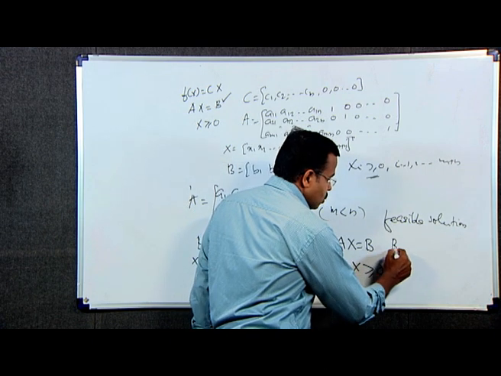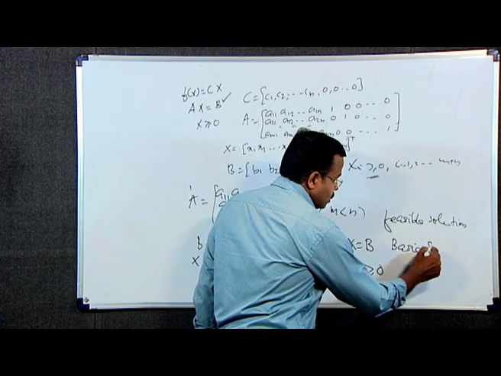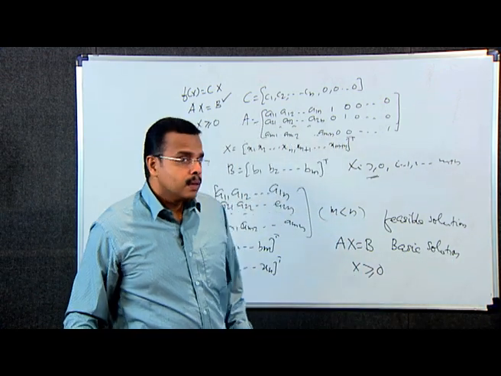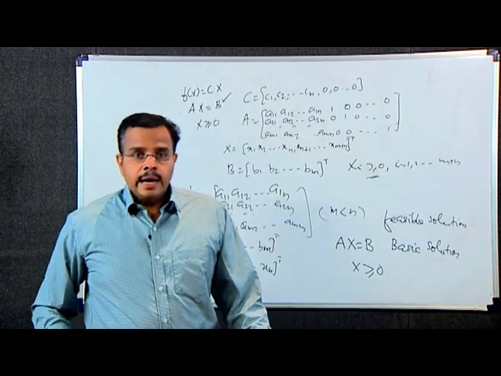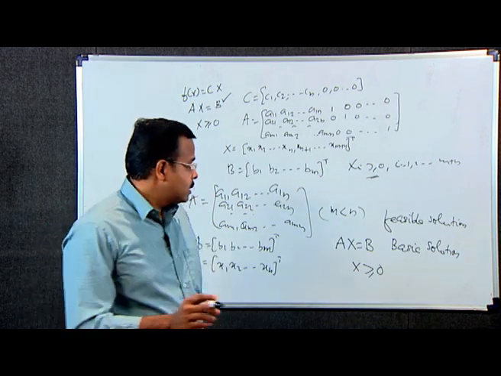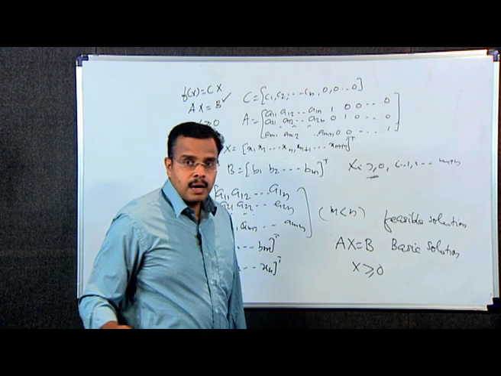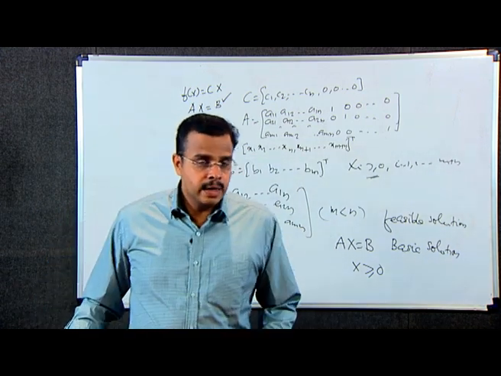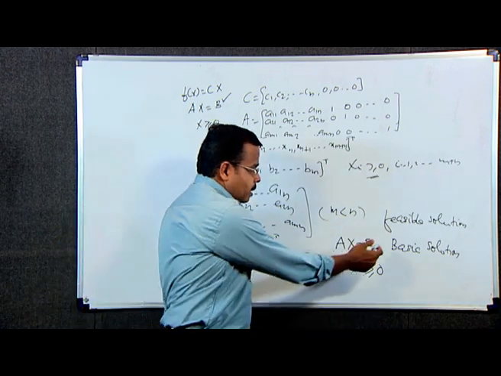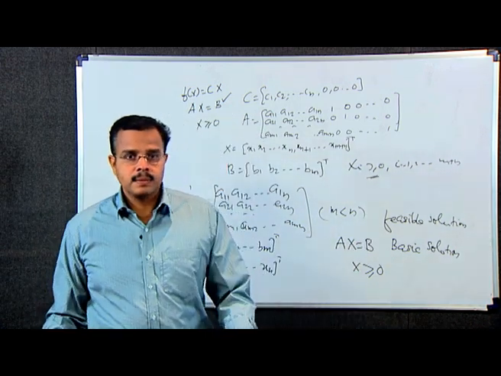Such a solution is called a basic solution. In a basic solution, the n minus m variables are given the value 0, and then the remaining m equations in m unknowns are solved, giving a unique solution for the remaining variables.